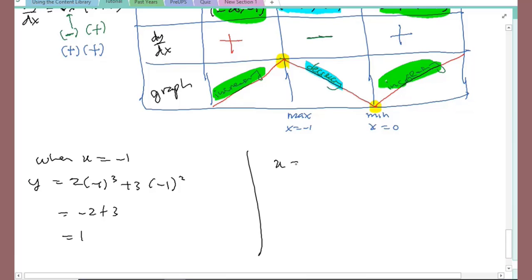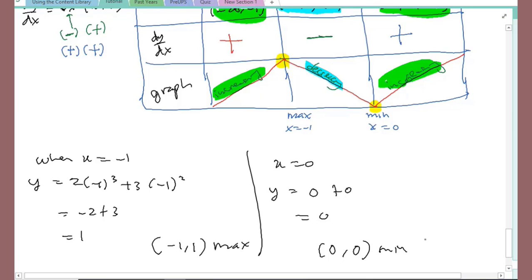When x is equal to 0, 0 plus 0 is 0. So the points are -1, 1 and 0, 0. This one is the maximum, this one the minimum, and make a conclusion.